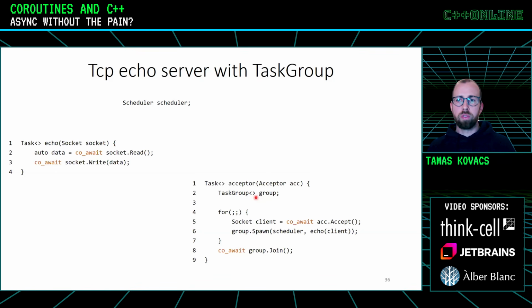The acceptor waits for incoming connections and spawns a task for each client. Every time a new connection arrives, we spawn a new task for this client. Each client runs concurrently, and the scheduler handles the execution in the background, does the voodoo magic.